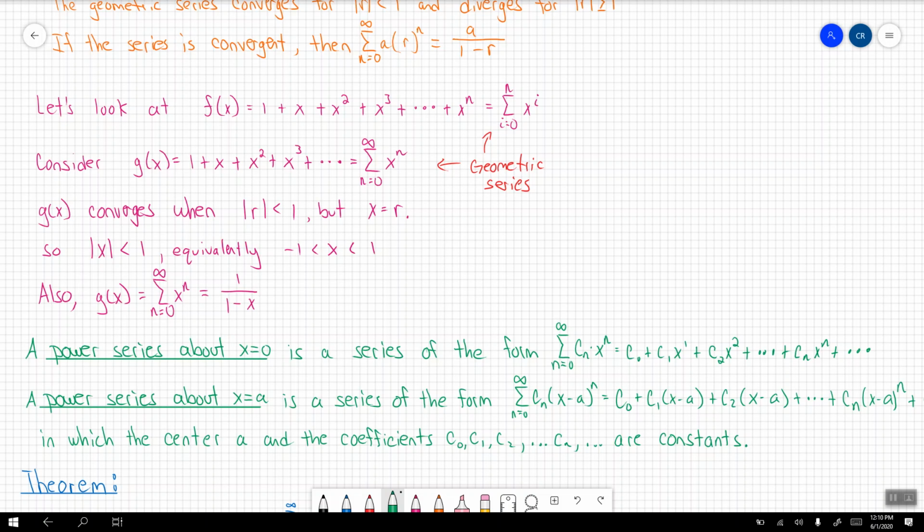We can definitely tie all that in at a later time. Just know that it should resemble it. And all of this is using a center of a and the coefficients c0, c1, c2, all the way to c sub n, and going forward from there are all just going to be constants.